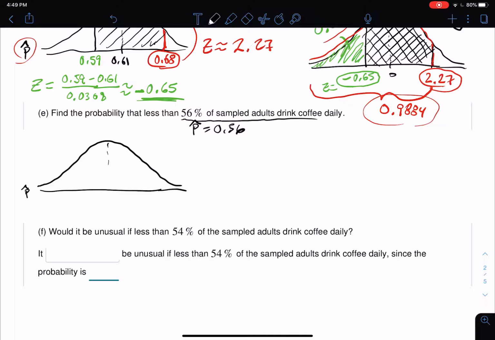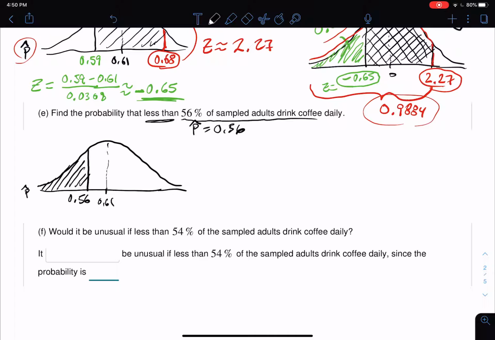We already know the mean, because that was found in part A, which was 0.61, the mean of all those sample proportions. And they want to know, okay, so we've got a sample proportion of 0.56, that's to the left of that mean. They want to know the probability that less than this are coffee drinkers. So now we need to find the area to the left of this sample proportion of 0.56.